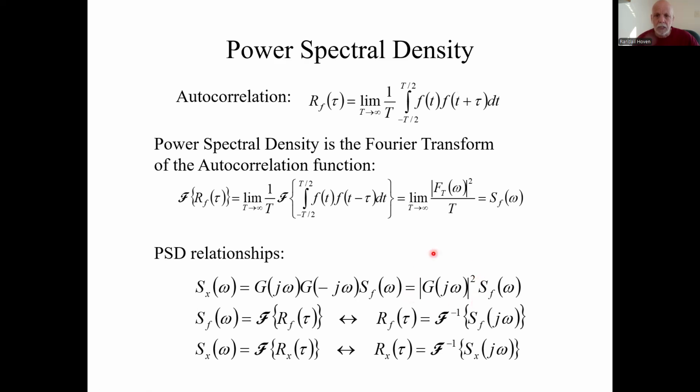I just need to calculate this guy here, which is the magnitude of this thing squared. And you have all these relationships where power spectral density of the inputs is the Fourier transform of the autocorrelation of the input, power spectral density of the outputs is the Fourier transform of the autocorrelation of the output. And then you can recover autocorrelation functions by inverse Fourier transform.